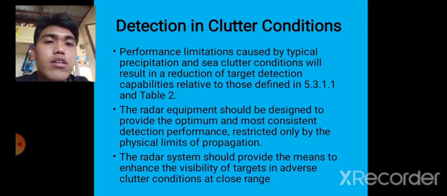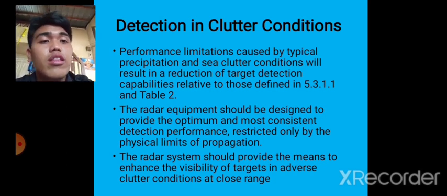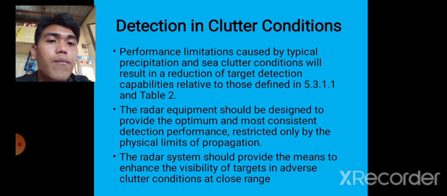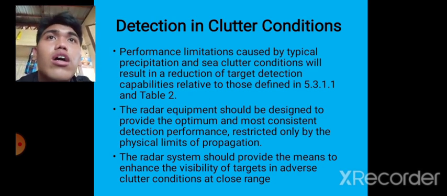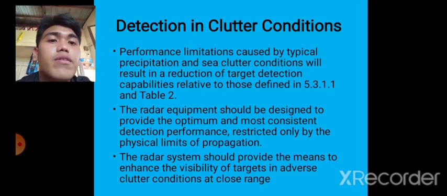The performance limitations caused by typical precipitation or sea clutter, for example, will result in a reduction of target detection. The sea clutter or the precipitation clutter can reduce the target detection of the radar.